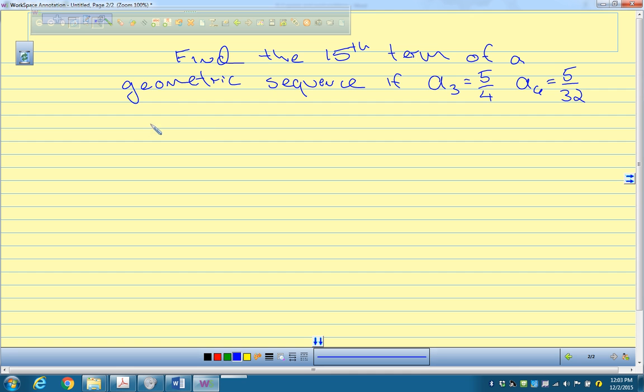So first thing, you say that A sub 3, which is equal to 5/4, is equal to A sub 1, which I don't know, times R raised to the 3 minus 1 power. You guys get that, right? Because it's n minus 1.